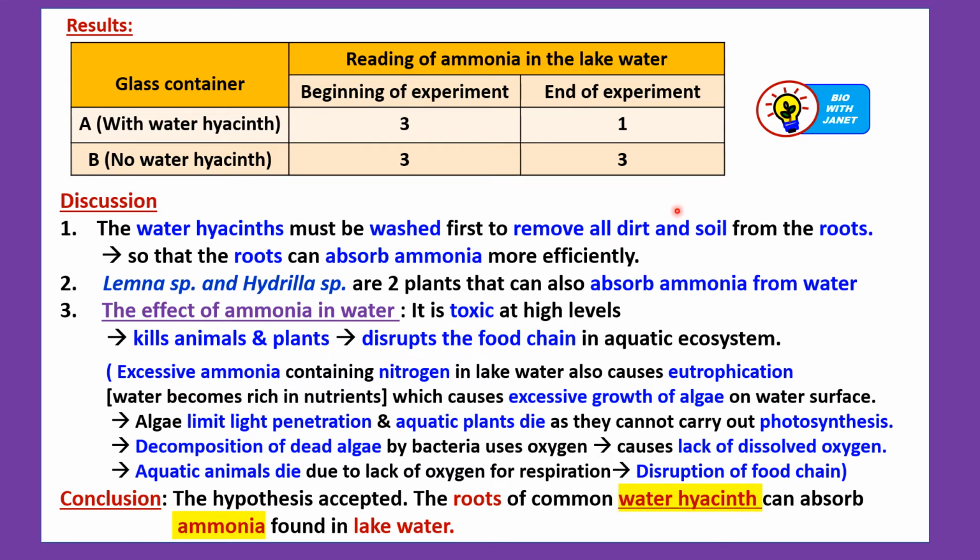And for glass container B, at the end of the experiment, the reading is 3. So here you can see that for glass container B, there was no decrease in the reading of ammonia in the lake water. But for glass container A, the amount of ammonia has decreased from 3 to 1.